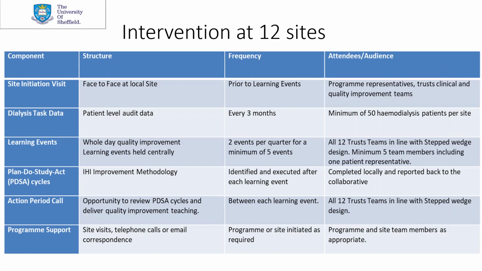The key intervention was a series of learning events that small teams from each of the trusts came along to, and often brought a patient with them as well. And this was to teach them quality improvement methodology and how to conduct plan, do, study, act cycles to try and increase involvement of patients in their own care.